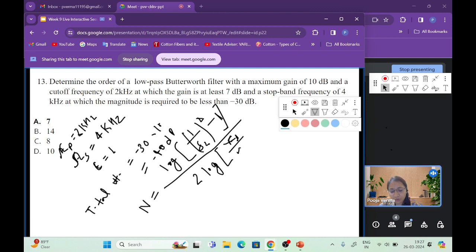Already the total attenuation is given, we have taken that minus. If you calculate it, you will get 0.01. Otherwise the answer will change. If you take that minus, then minus minus will cancel, and then it will be 1 by, or 100.